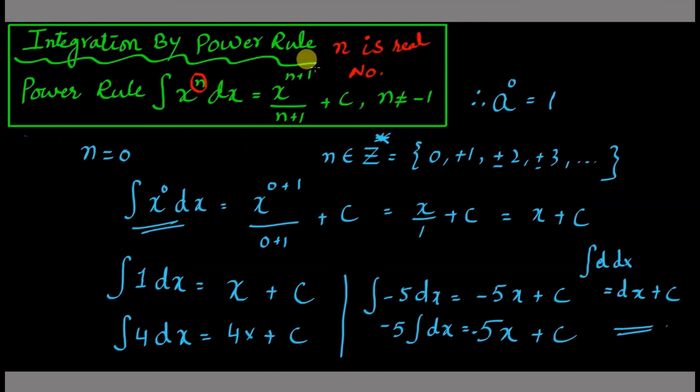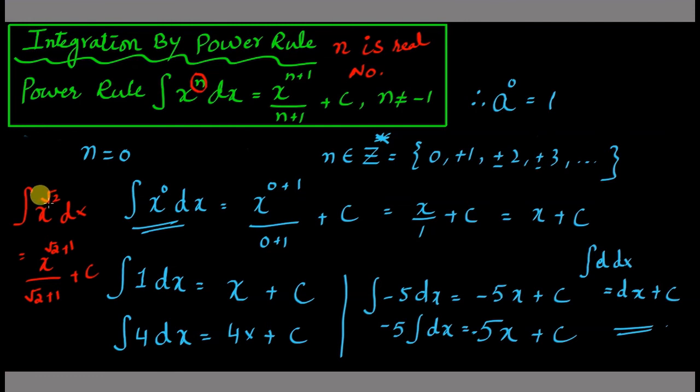But this formula, this power rule, is applicable for every power. n is a real number but excluding -1. For instance, if you have the integral of x raised to power square root 2 dx, the answer will be x raised to power square root 2 plus 1, over square root 2 plus 1, plus c.